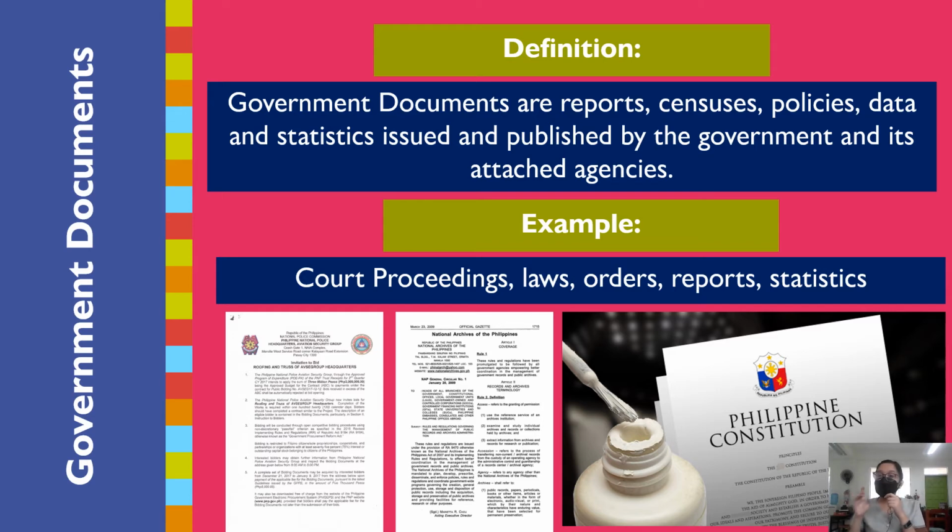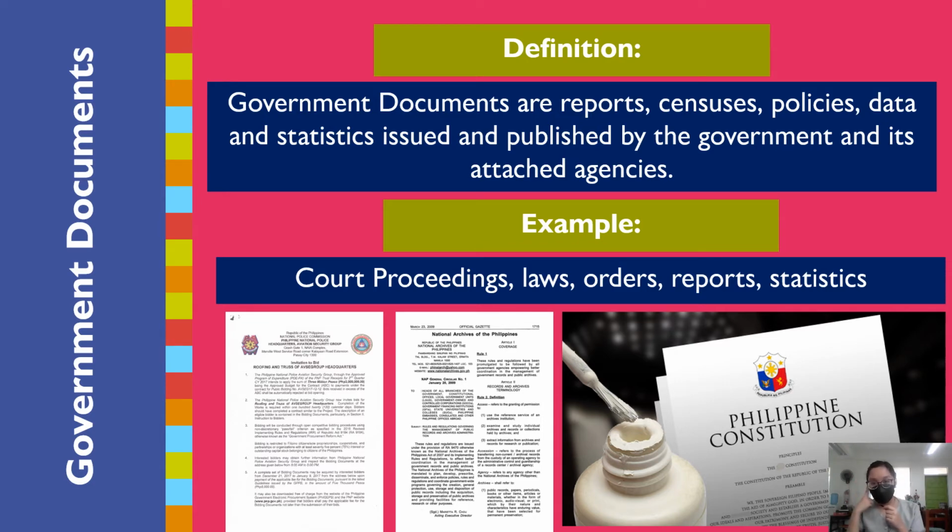Government documents are reports, censuses, policies, data, and statistics issued and published by the government and its attached agencies. Okay, napakadali lang naman. So pag sinabing government documents, those are the documents or reports published by the government.